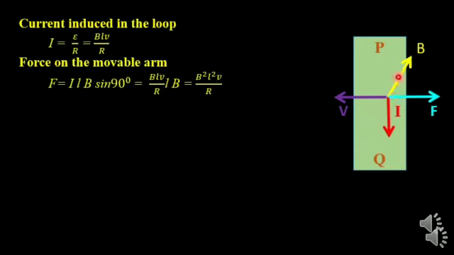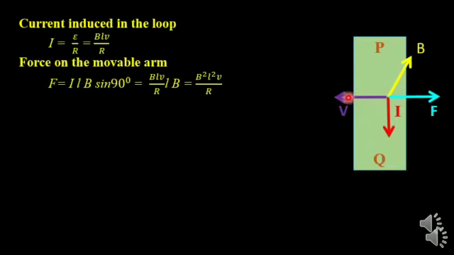If the forefinger and center finger represent the direction of magnetic field and direction of current respectively, the thumb indicates the direction of force. Thus, as per the rule, the direction of force on arm PQ is opposite to the direction of motion of the arm PQ.